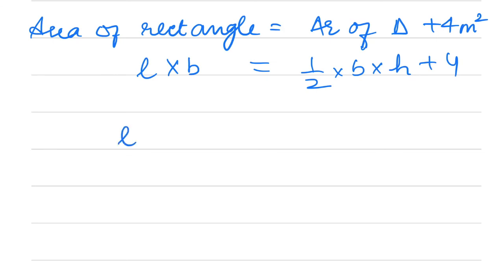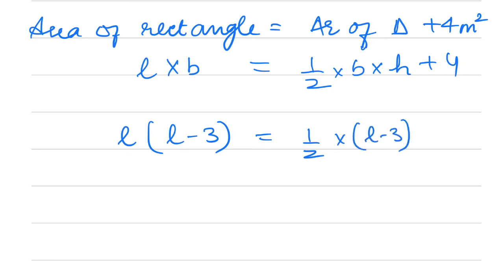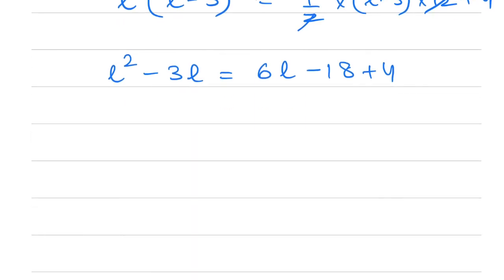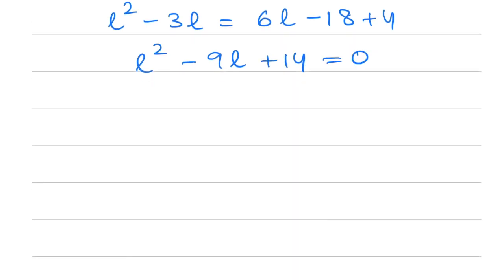So length is L and breadth is L minus 3, equal to half into base L minus 3 and height 12, plus 4. This goes by 6. So we have L square minus 3L is equal to 6L minus 18 plus 4. So we have L square minus 9L plus 14 equal to 0.